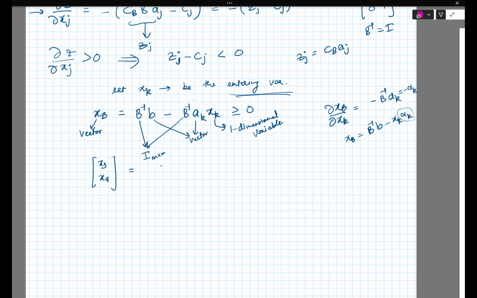For these two, you'll get B inverse b, which will be a vector, minus B inverse Ak first entry times xk, and B inverse Ak second entry times xk.